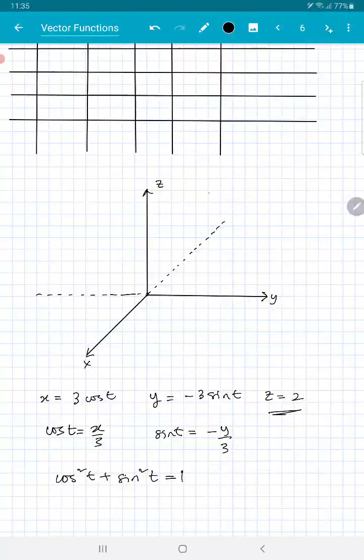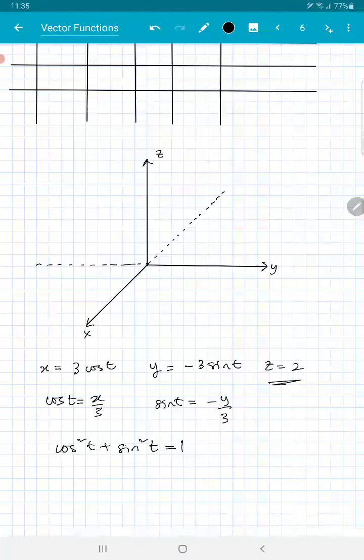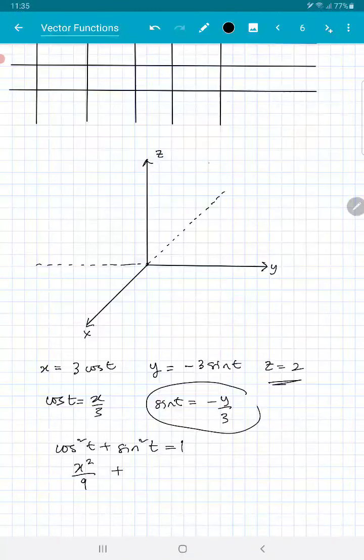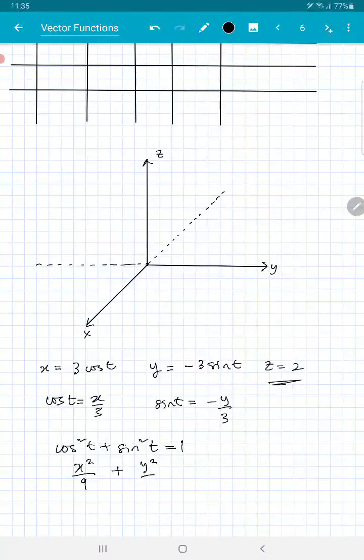Since cos t is x over 3, cos squared t will be x squared over 9, and since sine t is equal to negative y over 3, sine squared t will be equal to y squared over 9, and this should be equal to 1.